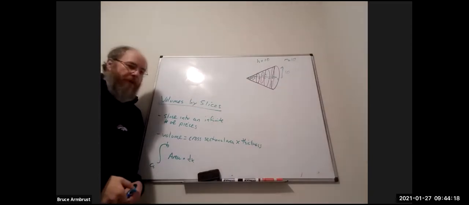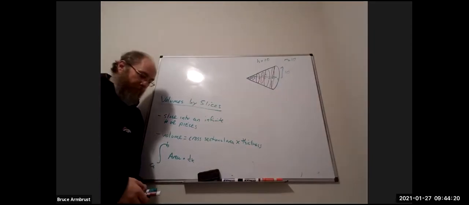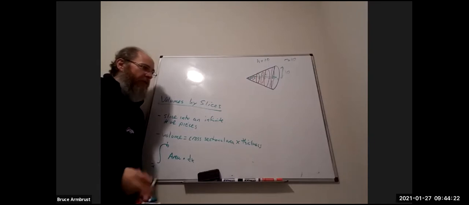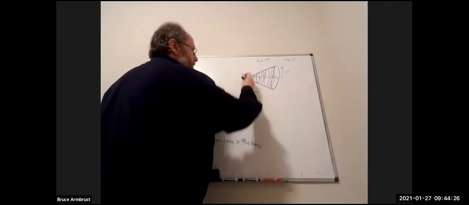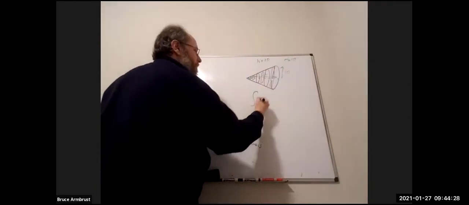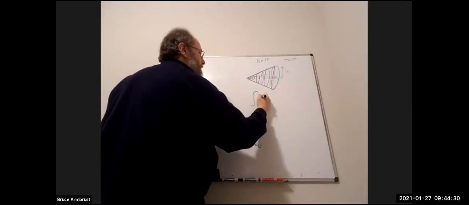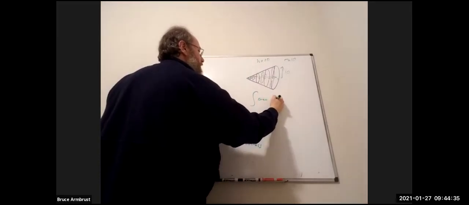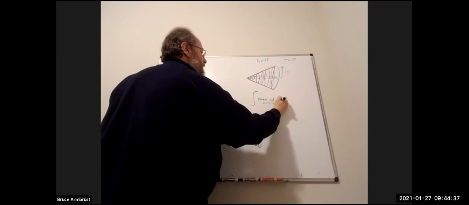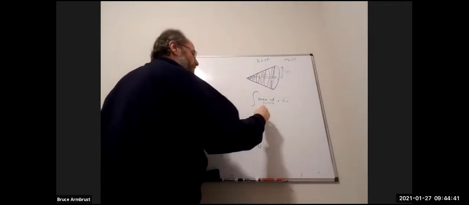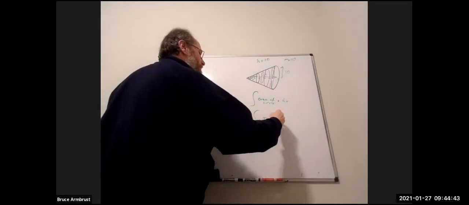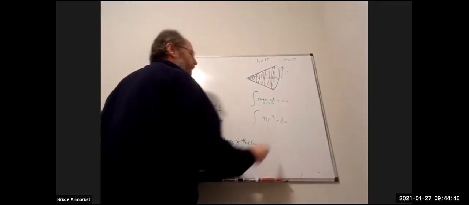So let's start thinking about setting this up as an integral. I'm mostly going to do it in words right now, but we're going to integrate from somewhere to somewhere. But we're going to have our circle area times our differential. And the area of a circle, we know, is pi r squared.